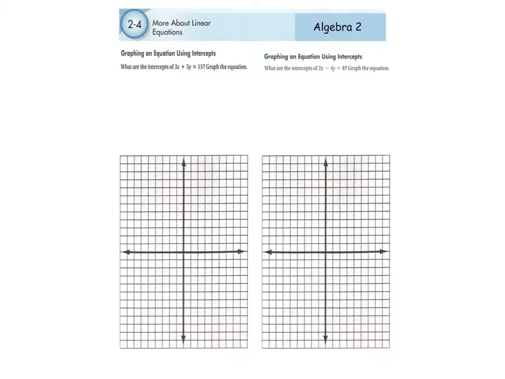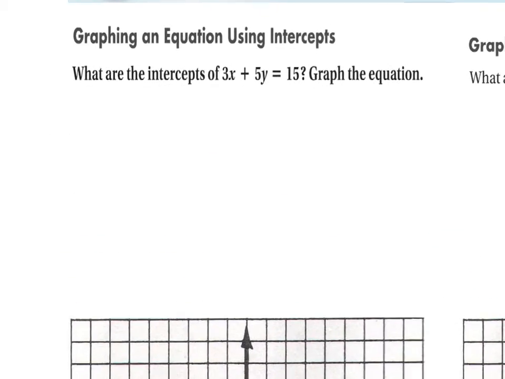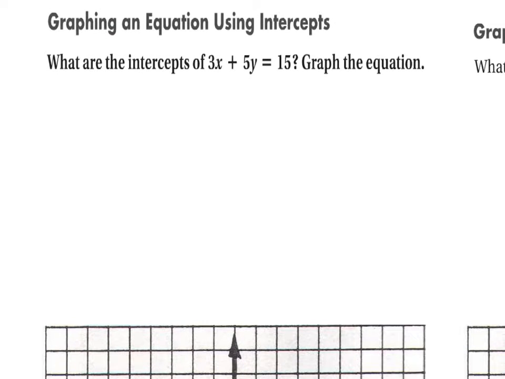All right, so let's look at the first example here. What are the intercepts for 3x plus 5y equals 15? First, is this equation in standard form? I see an ax, I see a by, and I do see a c. So I'm going to find the y-intercept, and I'm going to find the x-intercept.